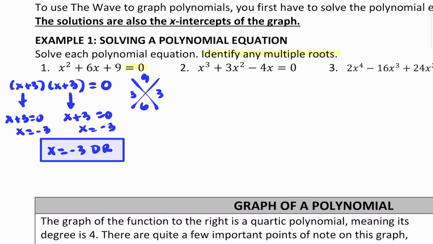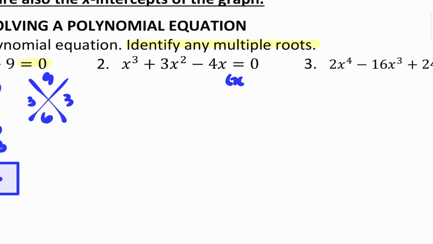Number 2, does this thing have a GCF? Yes, so we have to say the GCF here is x. So I'm going to factor that out. So x times x squared plus 3x minus 4. And now I'm going to focus on the stuff inside the parentheses.